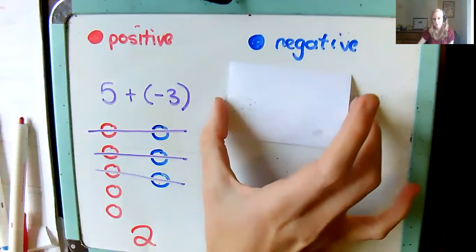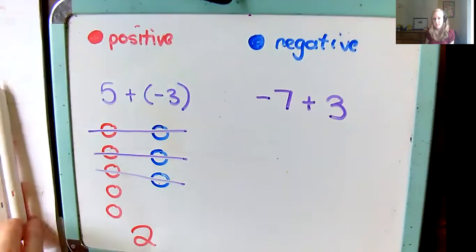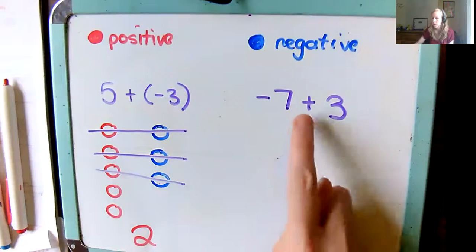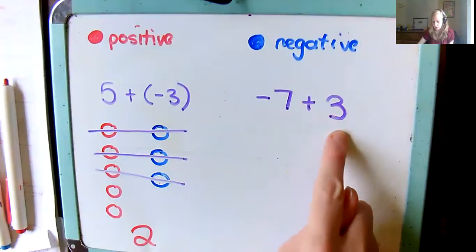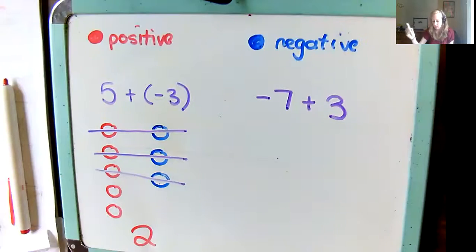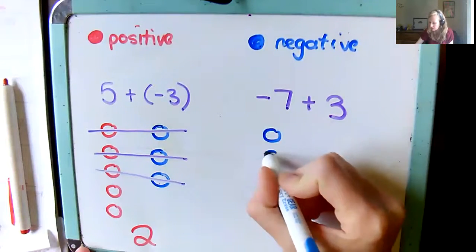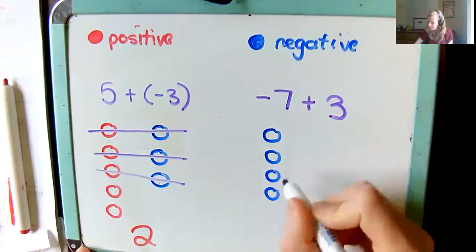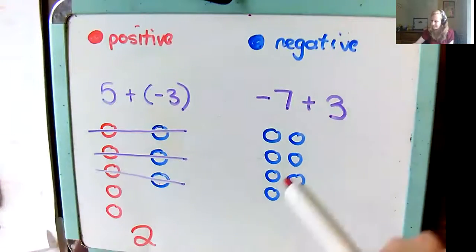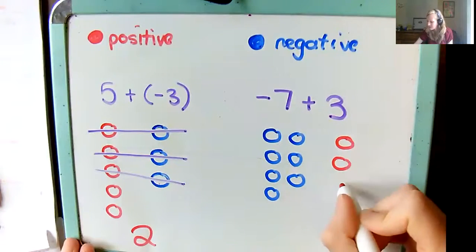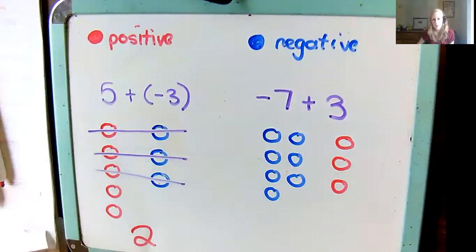Let's try another one. If we have negative 7 plus 3, we are adding a negative 7 and a positive 3. So take your negative color, draw 7 circles. Take your positive color, draw 3 red circles. Now remember, anytime you have 2 opposite colored circles, you're going to cross them out.